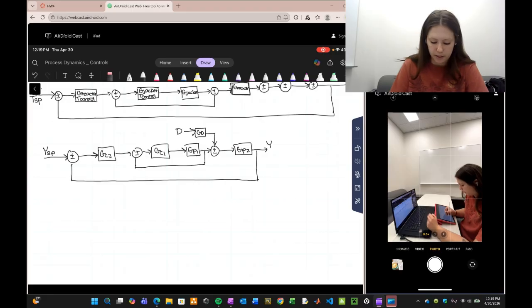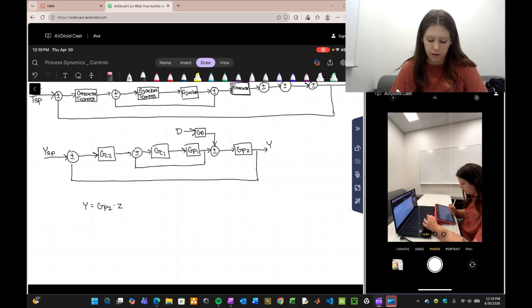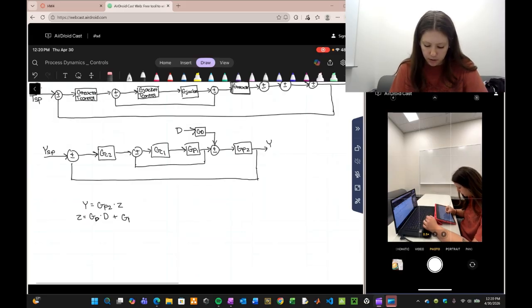We can start out by saying Y is equal to GP2 times Z. And we can say that Z is equal to GD times D, our disturbance there, plus GP1 times GC1 times E minus Z.